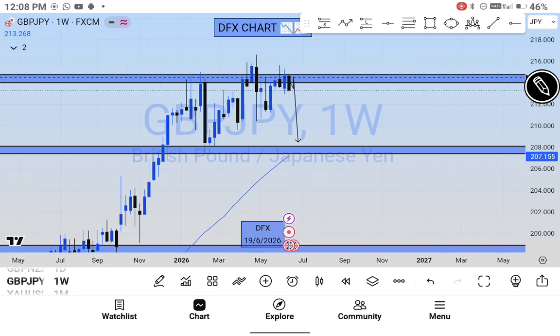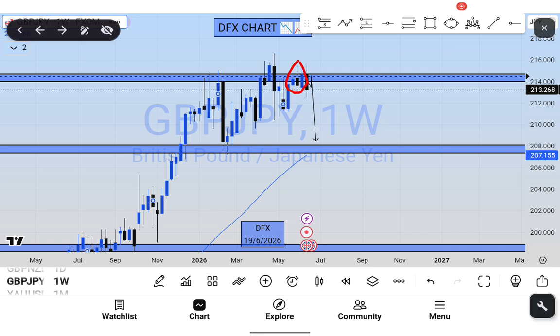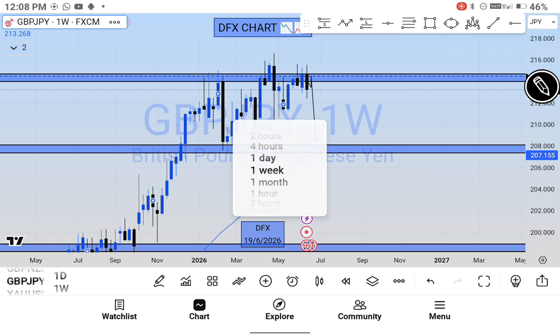All right, I've been waiting for this setup for going on 2 weeks now, honestly. After we have the last two candles here, last three candles here, we have these two. So this pin bar and the bullish candle that actually closed, I was expecting that candle as a retrace candle, but last week it was just doing its own thing. So on a daily time frame, what do we have?